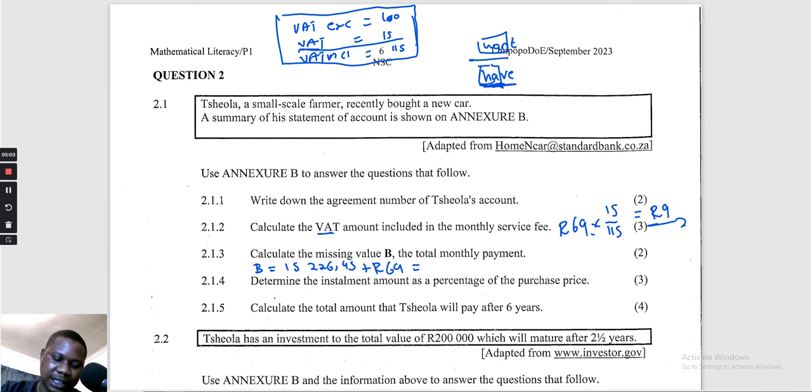So how much is it? It's 15,226.95 plus 69. So it gives us a monthly payment of 15,295.95. Okay.